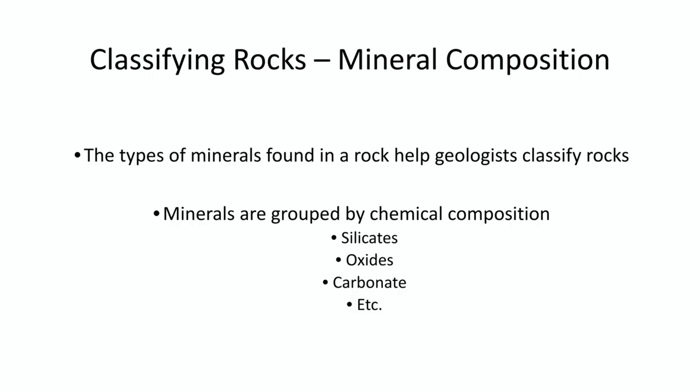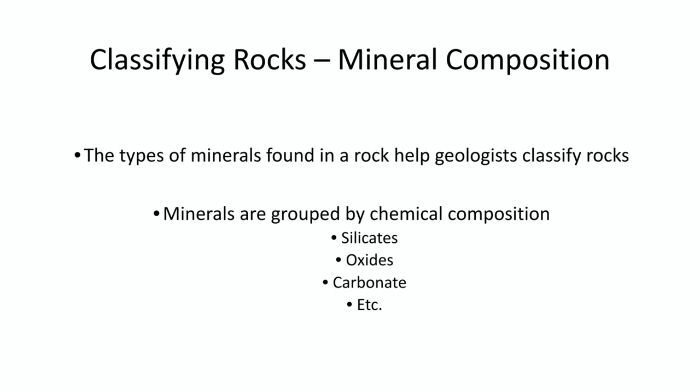So as we look at the 3 main categories, we are going to be looking at mineral composition, what minerals are in these main categories, and that's going to help us start to break down subcategories. So the types of minerals found in a rock are going to help us classify rocks.